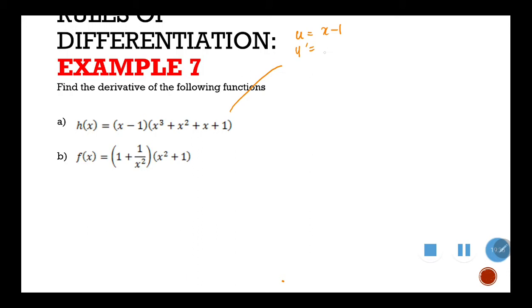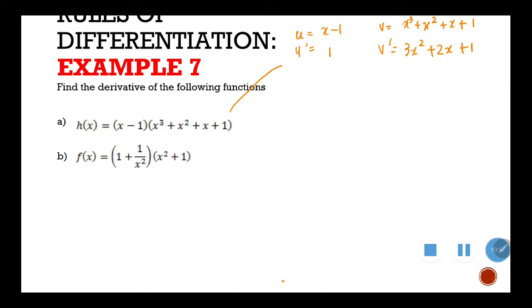And then v is x cubed plus x squared plus x plus 1. And v prime should be 3x squared plus 2x plus 1.